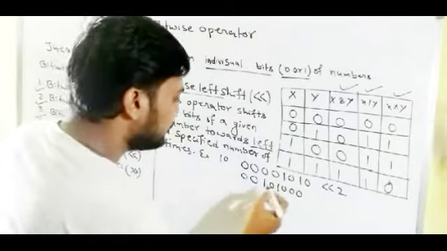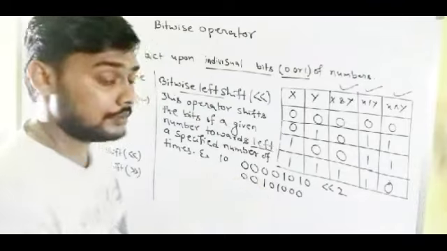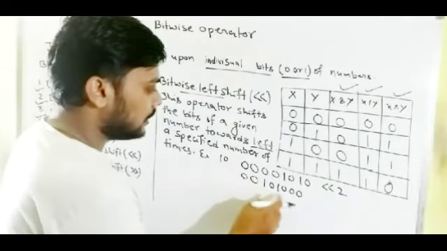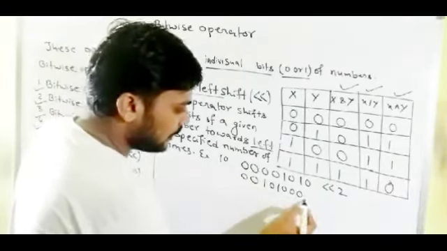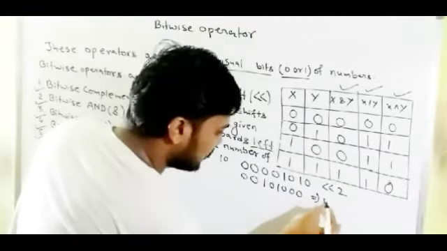That means shifted to the left side 2 times, so 2 zeros are added on the right side, and the output is 40.